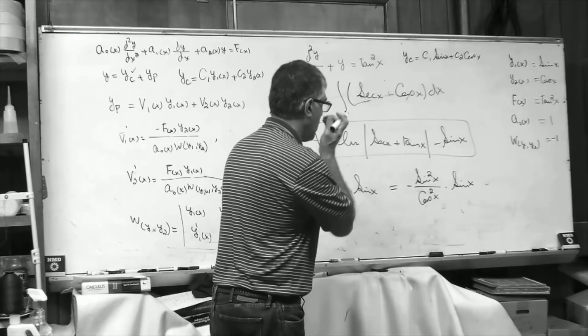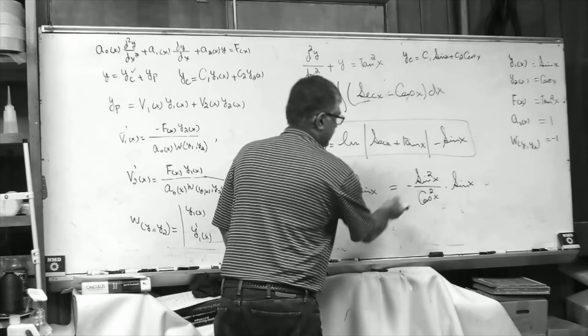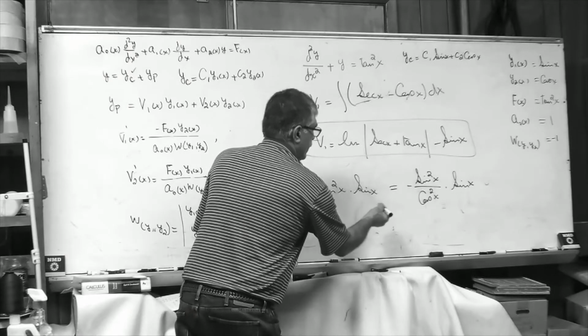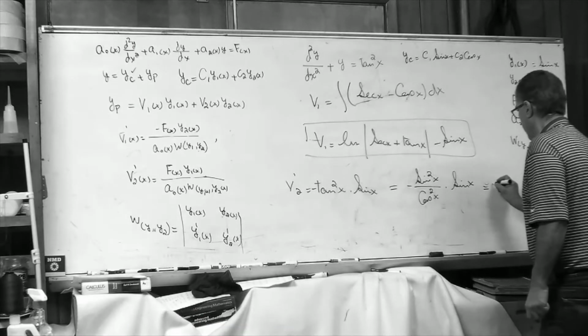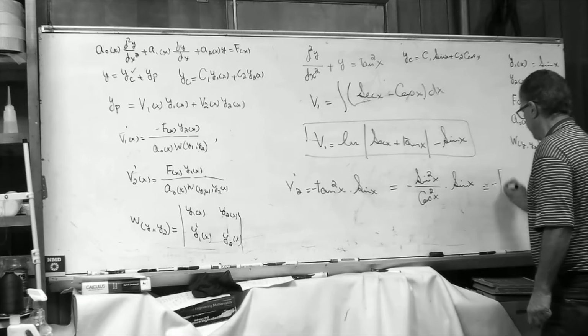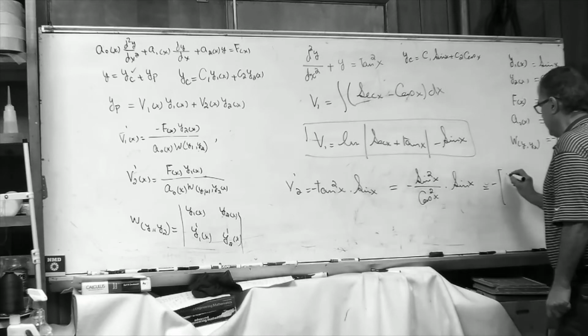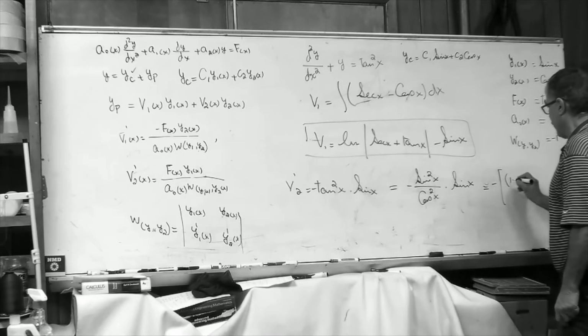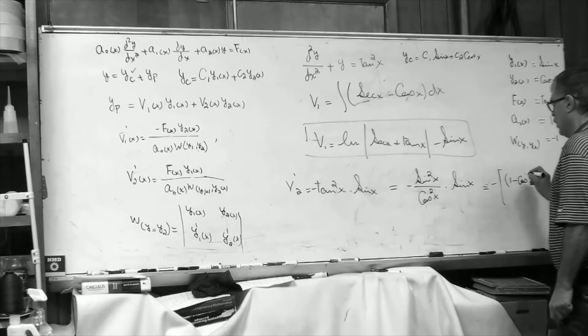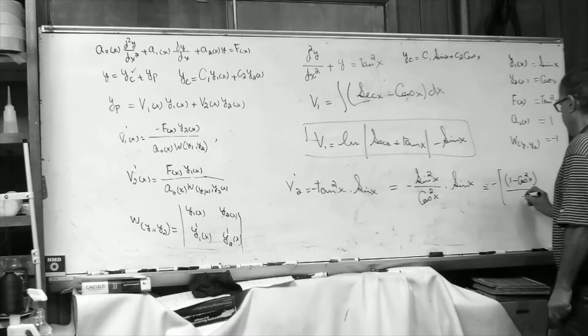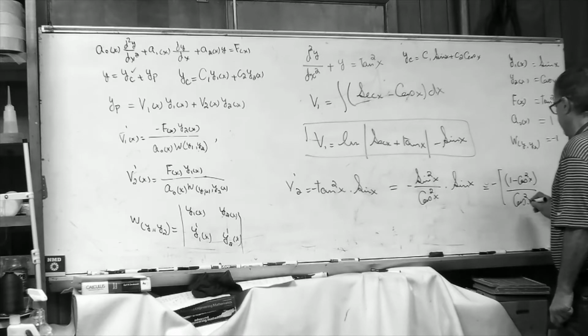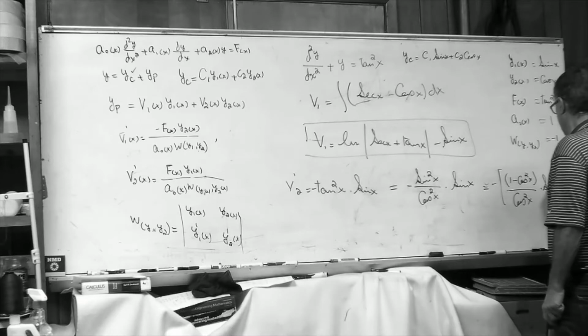So we can write this as minus, instead of sine square of x, we can write 1 minus cosine square of x, divided by cosine square of x multiplied by sine of x.